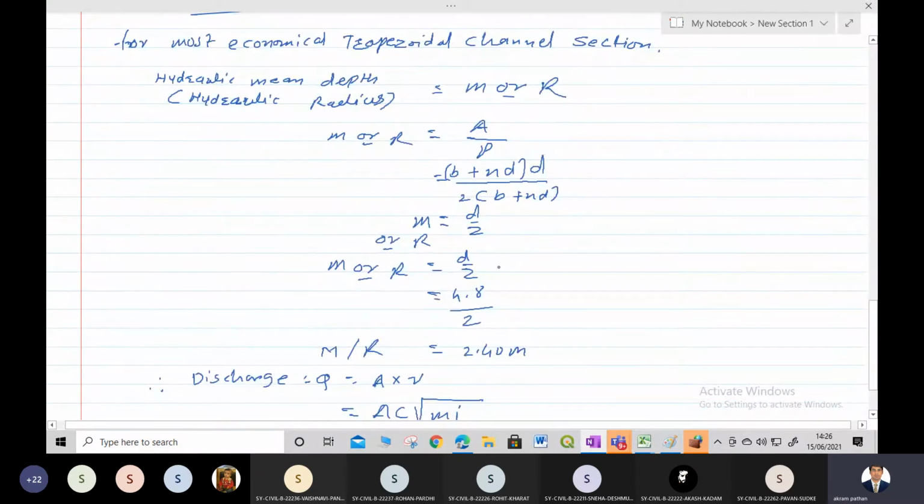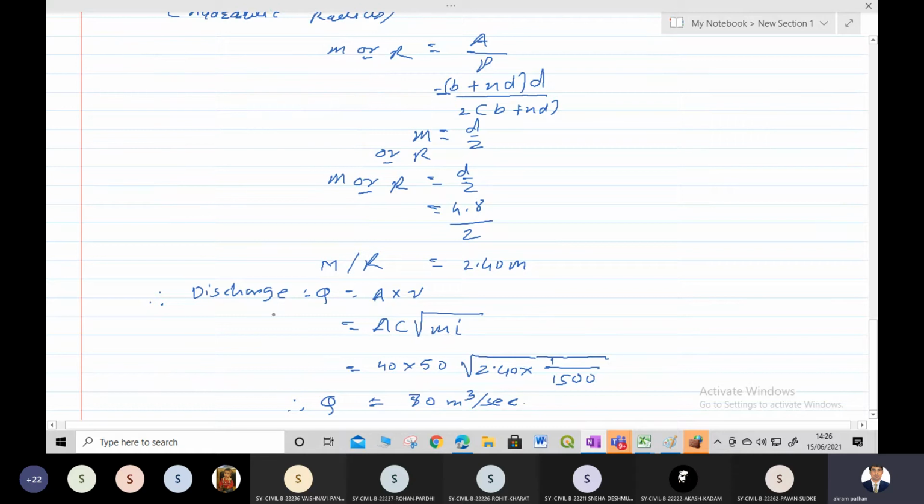This is for the most economical channel section, and as per our calculation it will come to 2.40 meter. And then we have to find out the discharge through the channel by Chezy's formula. This is Chezy's formula to find out the discharge.